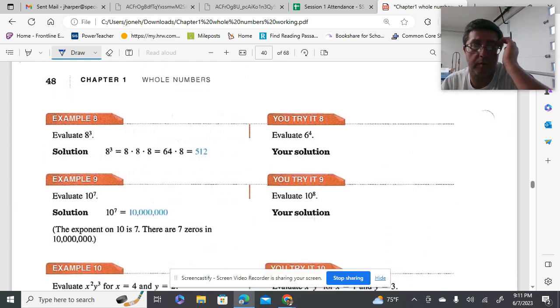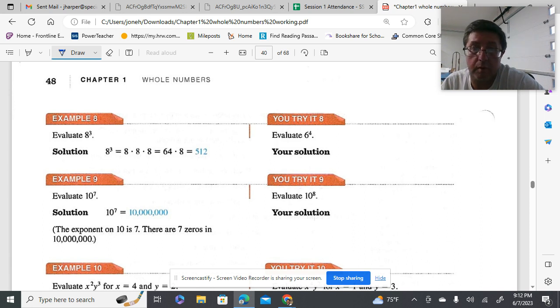Okay, so now it says 8 cubed equals 8 times 8 times 8 equals 64 times 8 equals 512.